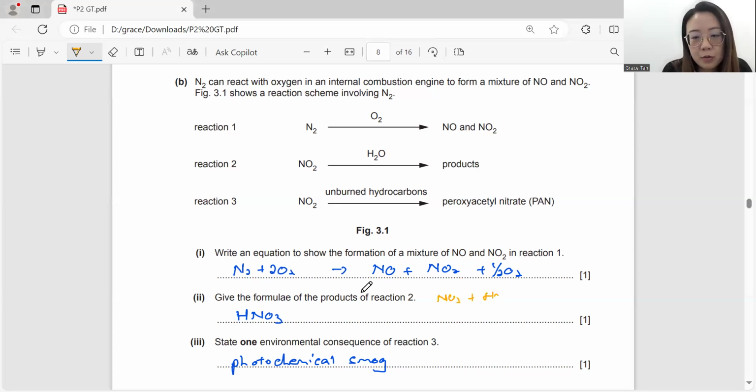NO2 plus H2O to give HNO3. I would like to add another one. You see, because I kind of did this last minute, but got S, that means plural. So that means maybe there's more than one.